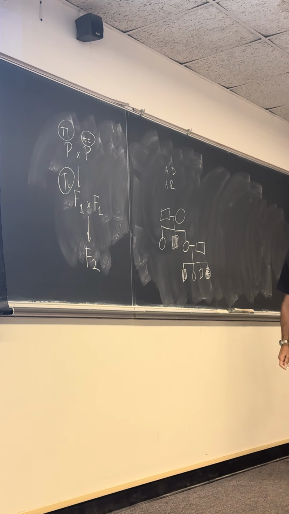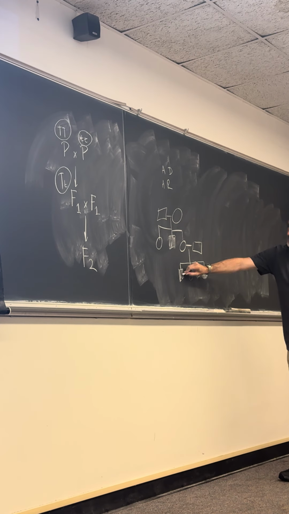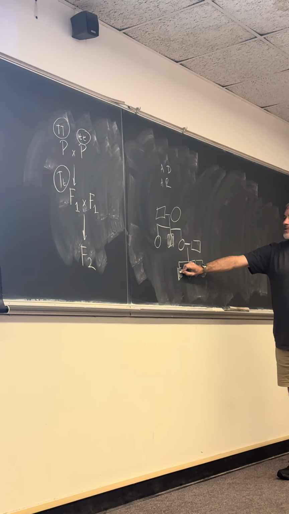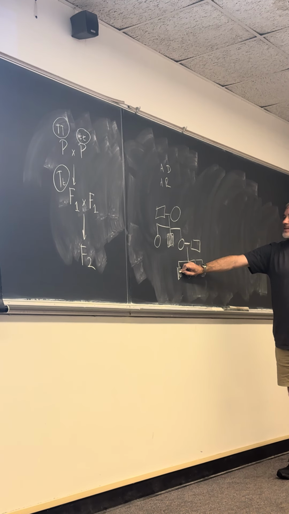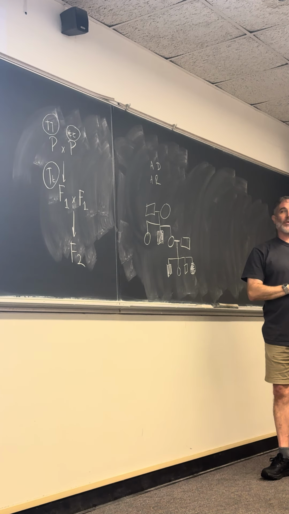If you don't draw the carriers in, you can really see the pattern better, which is that these individuals in the last generation have a trait that their parents didn't have. That's what it means to skip a generation. This individual has a trait that his parents didn't have, right?